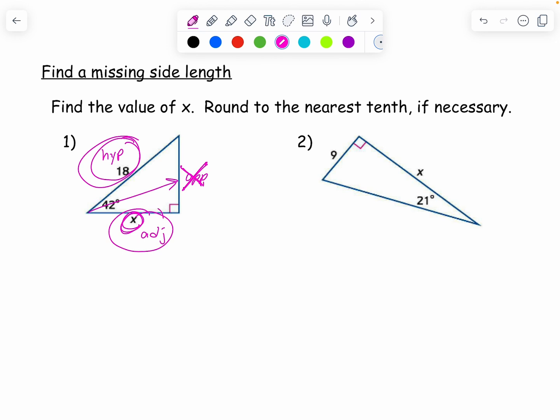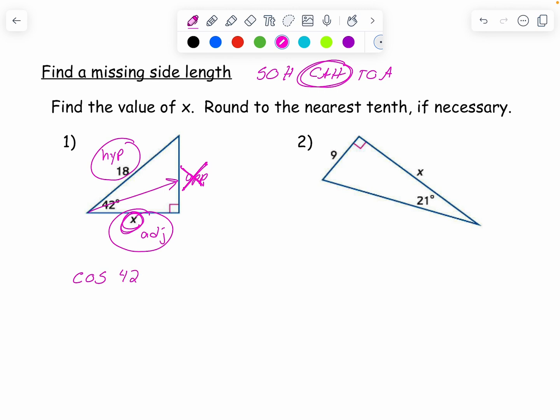So I want to choose a trig function that uses these two sides, hypotenuse and adjacent, and I do not want to use the reciprocal functions. I want to use those main three. If we remember SOHCAHTOA, then for hypotenuse and adjacent, that's going to be this one. So I want to use cosine.